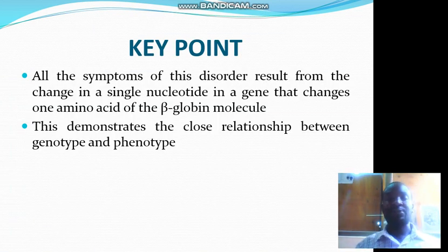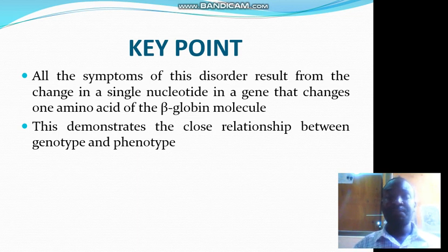And this actually demonstrates the importance of the relationship that must be maintained between the genome of the individual, or the genetic component of the individual, and the phenotype or the physical characteristics of the individual, especially at the protein level, so that the normal processes that occur within the individual are not distorted. And we have seen that if they are distorted, then of course it will result in disease development.